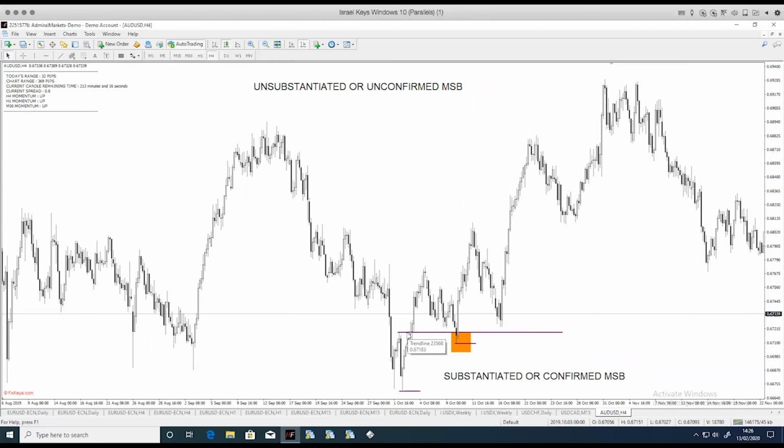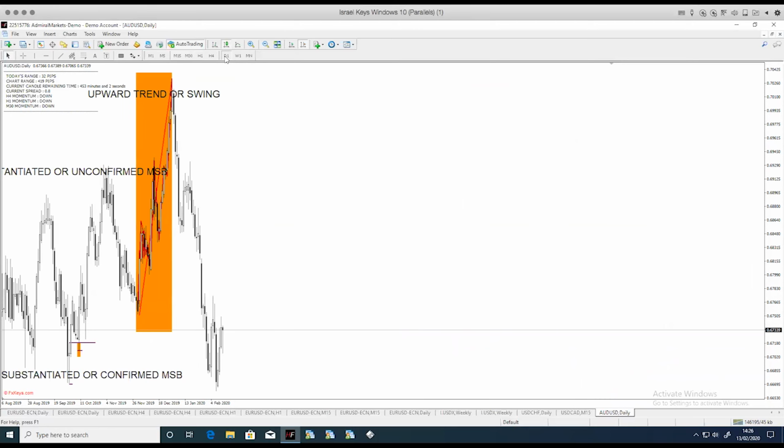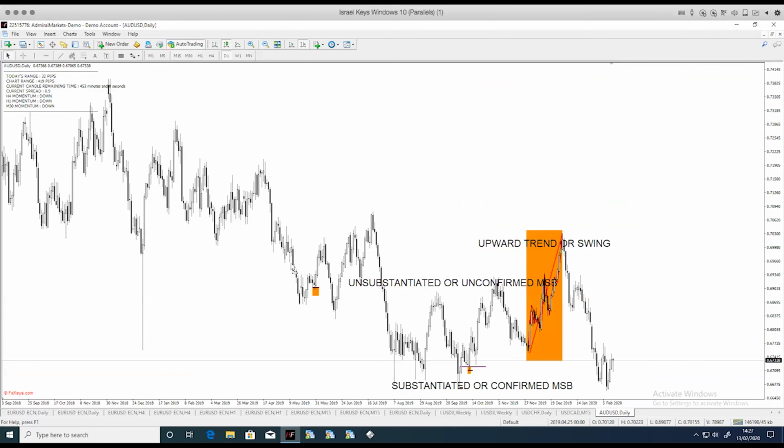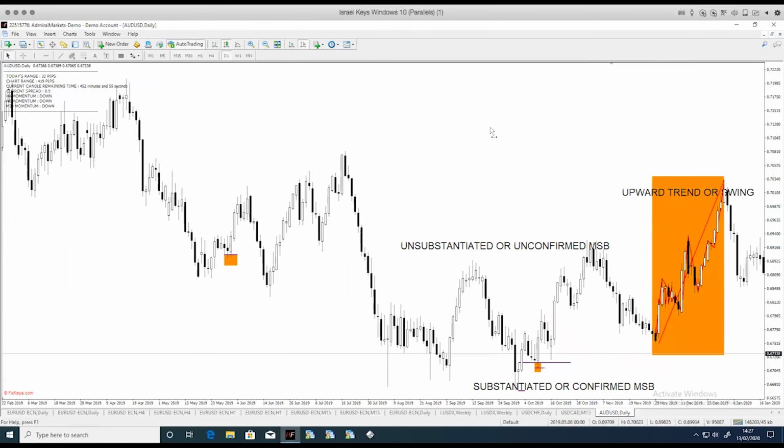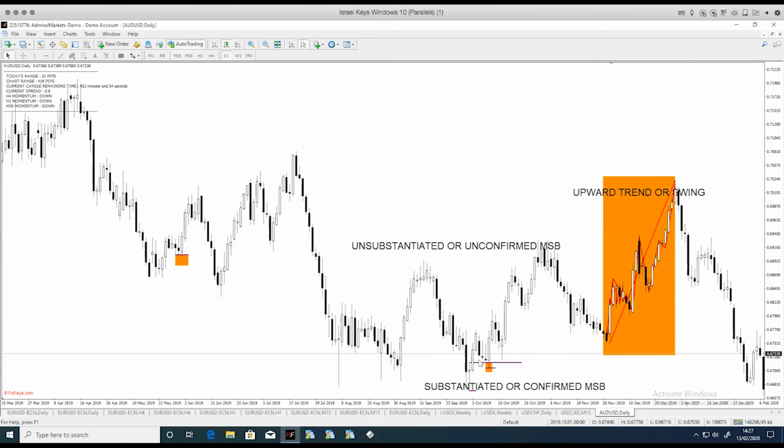Now, what you see as a confirmed market structure break on one time frame sometimes is an engulfing on another. So let's come here. Just ignore the jumbled writings. You see that this is the point at which the market structure break happened.